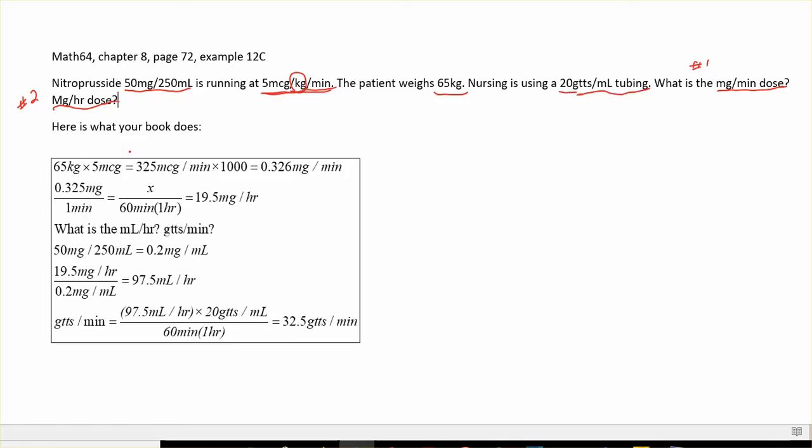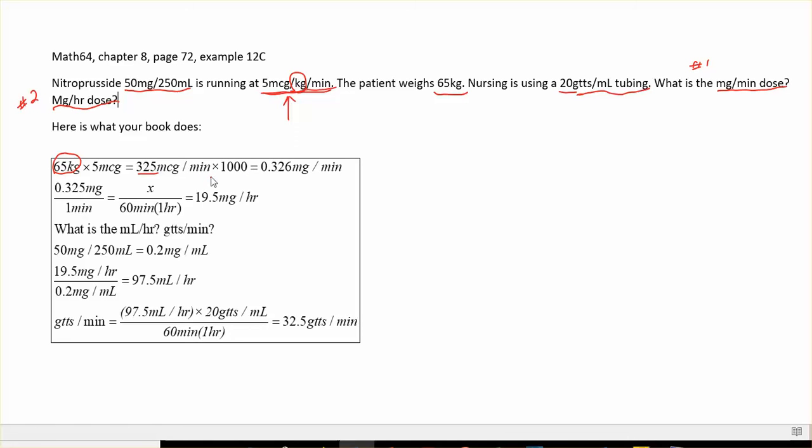So here's what your book does. They start off with 65 kilograms, the weight of the person. And what they're doing is they're using this conversion right here, and they're going to multiply the 65 by 5 micrograms, because it's 5 micrograms for every kilogram. And they get a total of 325 micrograms per minute, because those are the units right here.